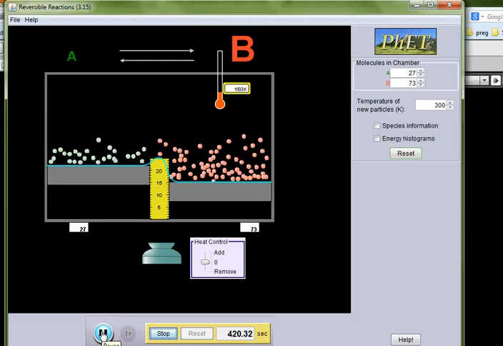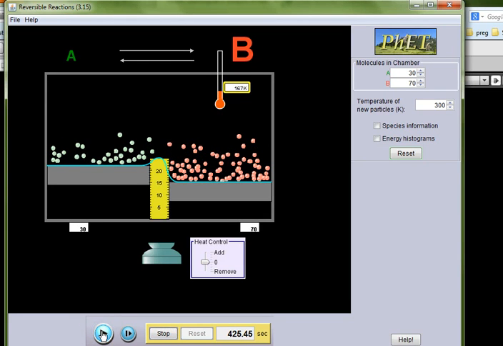Now if we pause the reaction, and let's say we remove 25 of A, so if we have 30 now, we just take 25, and now we have only 5 A particles.